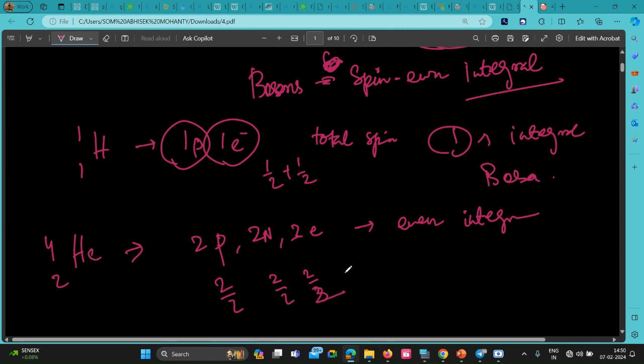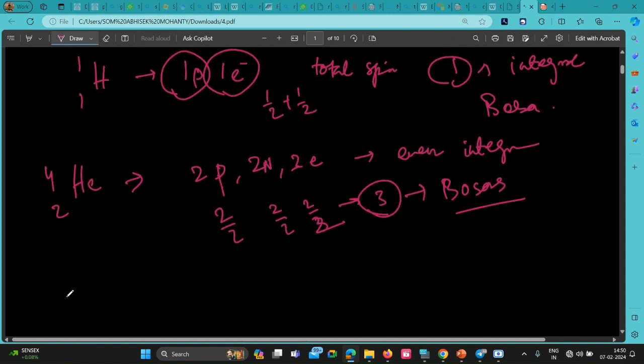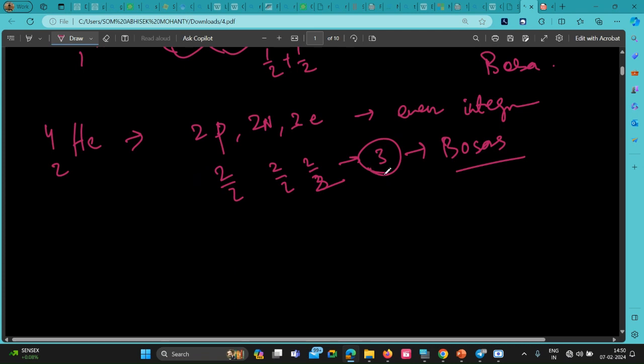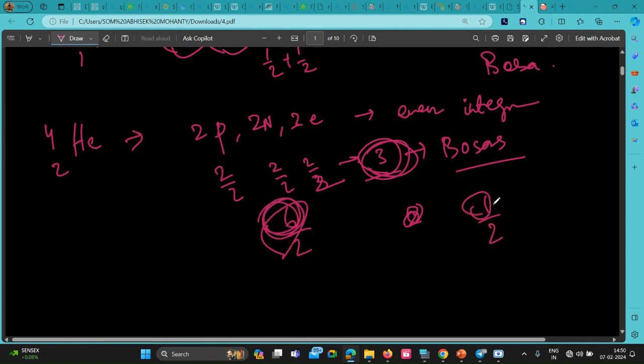So this is giving me 3. The spin is 3, which means this is a boson. Now integral doesn't mean the number is even. It would have come, see, 6 by 2. If it had come 1 by 2, this is half-integral.